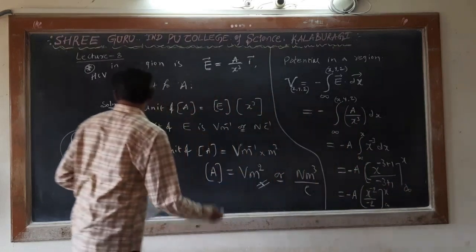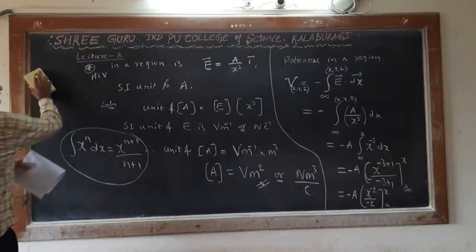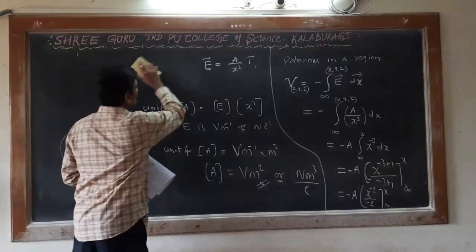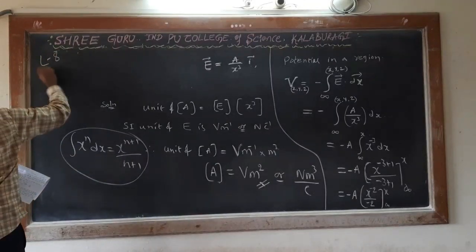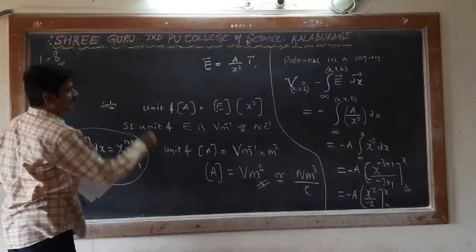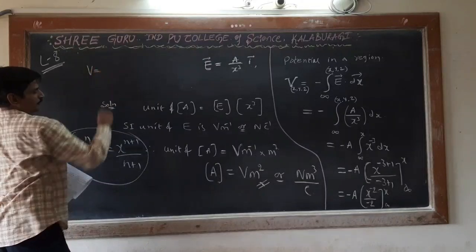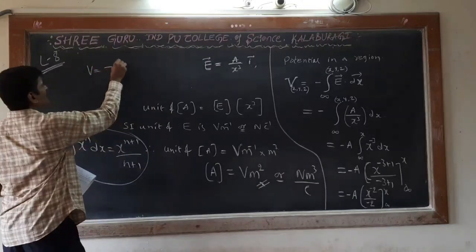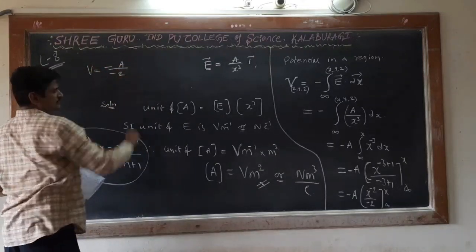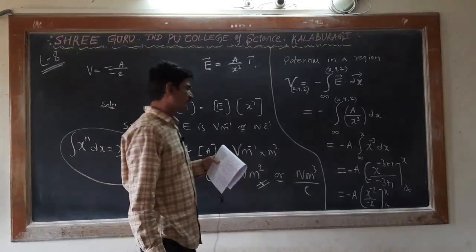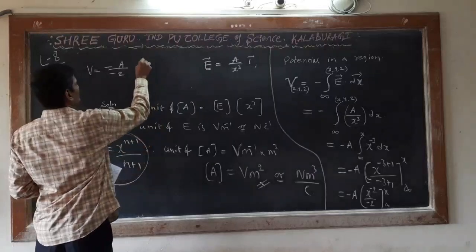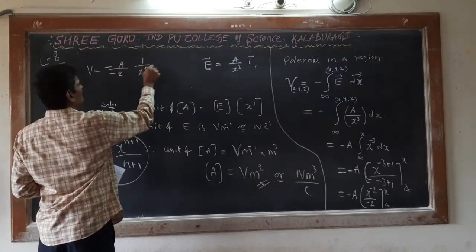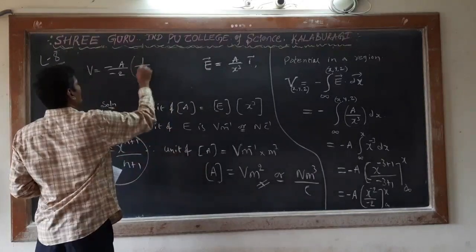Now substitute the limits and simplify. V is equal to minus A divided by minus 2, times the upper limit, 1 by x square, minus 1 by infinity, which is nothing.